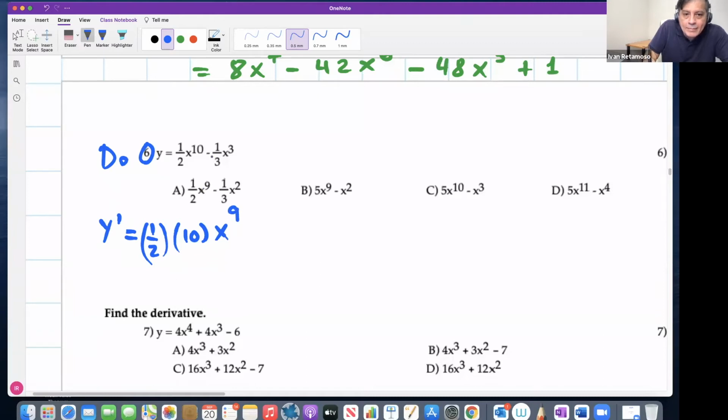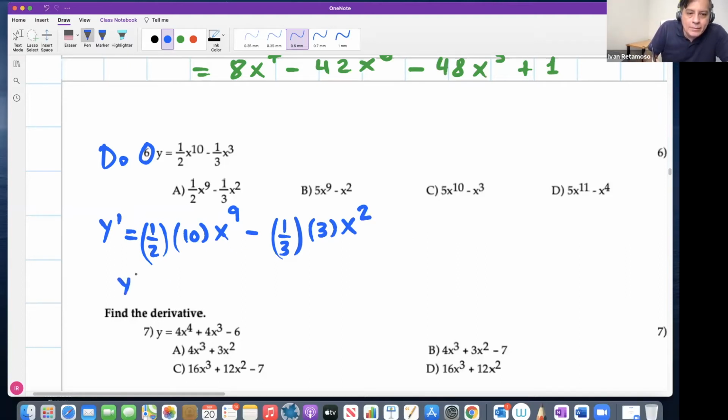Minus, because you can distribute derivatives over differences. Now the constant 1/3 goes outside the derivative of x cubed, using the power rule. 3 comes down, x raised to 1 less, second power, right? And the rest is just simplification here.